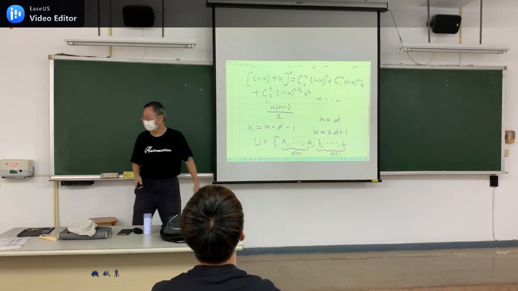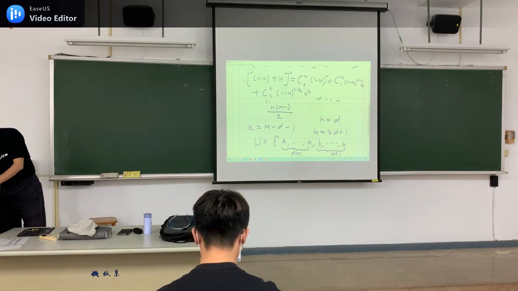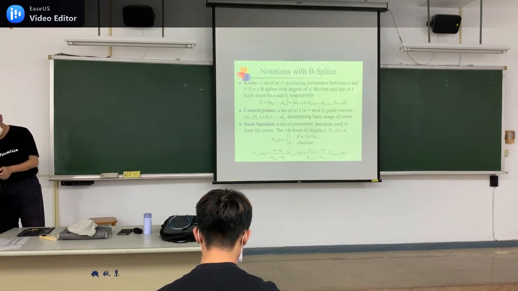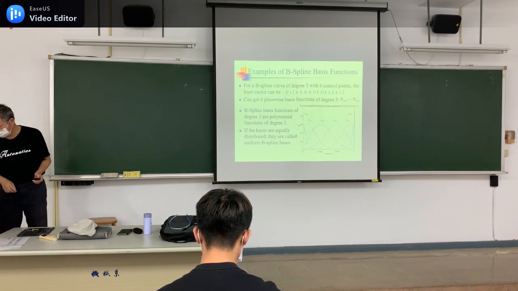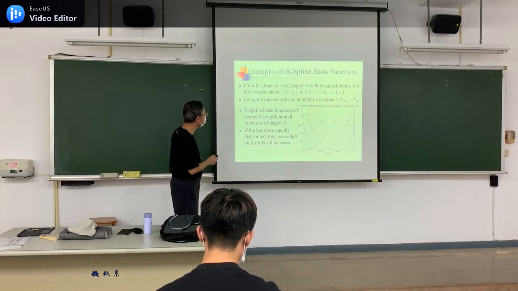In other words, in this case, the knot vector has only the first A and B. There is no middle one.